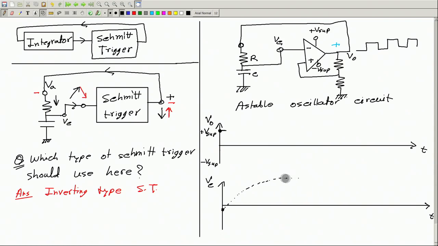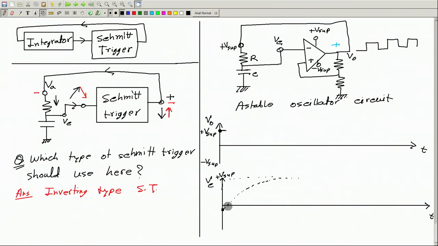To which value? This will try to go to plus V supply, which is the voltage applied here.